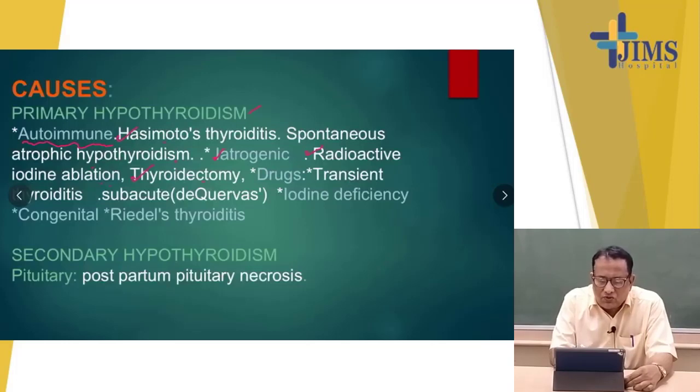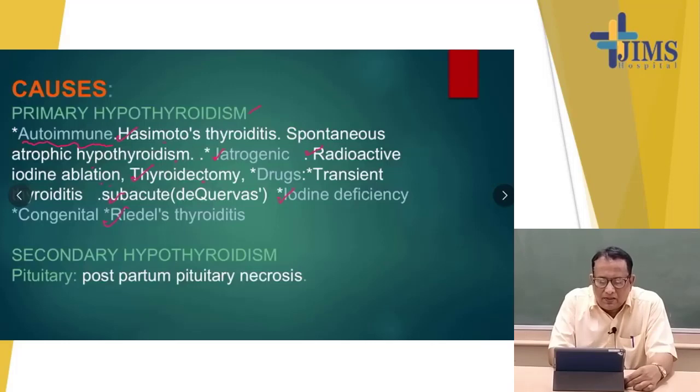There may be other causes too: thyroiditis, subacute de Quervain's, iodine deficiency is important, and some congenital causes, of which the most important is autoimmune thyroiditis. You have to remember this: Hashimoto's thyroiditis, spontaneous atrophic thyroiditis, or iatrogenic, either post-thyroidectomy, radioactive ablation, or transient thyroid disease due to drugs. Then secondary hypothyroidism may be due to the pituitary, where the thyroid is intact and there is no disorder.